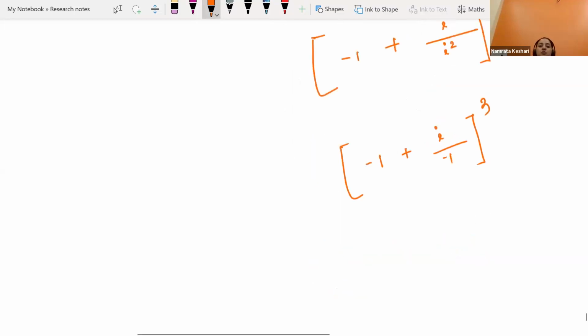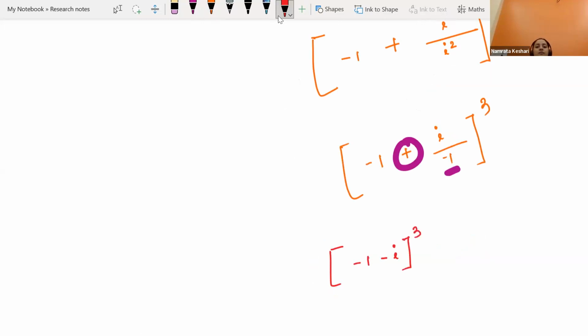Now these two signs combined together will be negative. Yes or no? Minus 1 minus i, whole cube. Yes, ma'am.